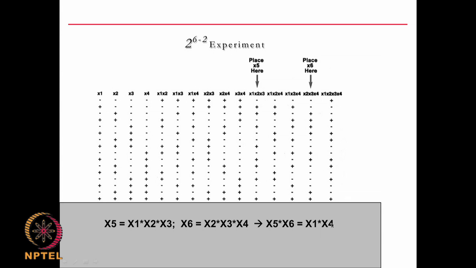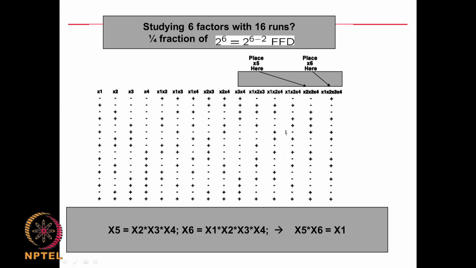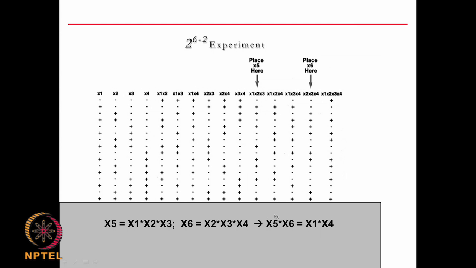So, you need to think about how to select the column in which you want to put your new parameter or new factor or new x or new variable, so that you do not end up in a situation like this, where 2 factors interact with the principal effect or main factor, whereas 2 factors can interact with 2 factors like this.